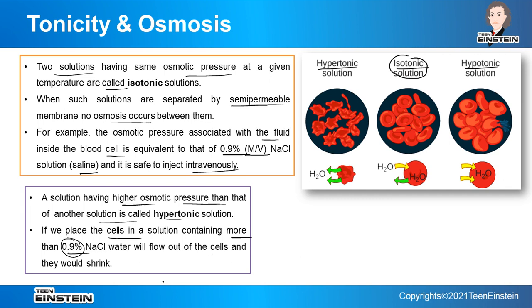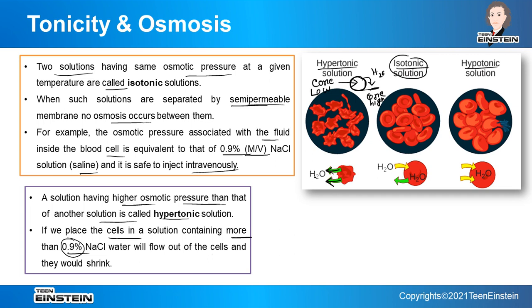So now, in the hypertonic case, inside the cell the concentration is low and outside the concentration is high. So water molecules inside the cell will move outside. See from this picture, water molecules are going outside. That means the cell will shrink in size.